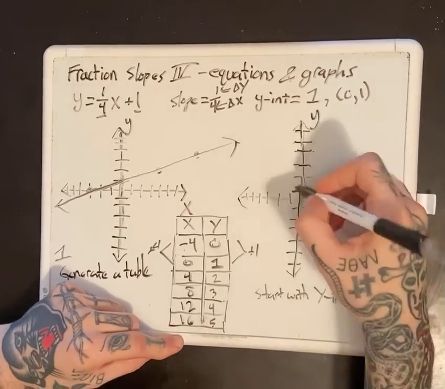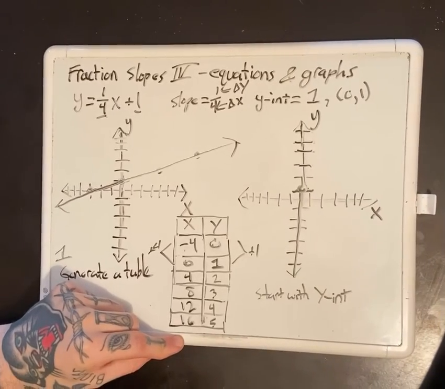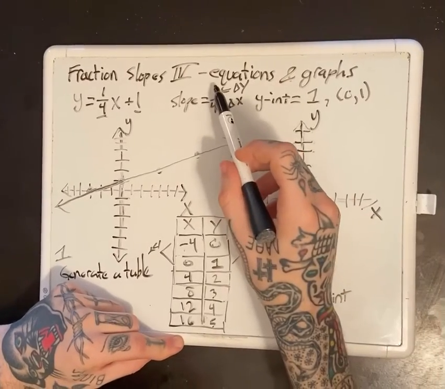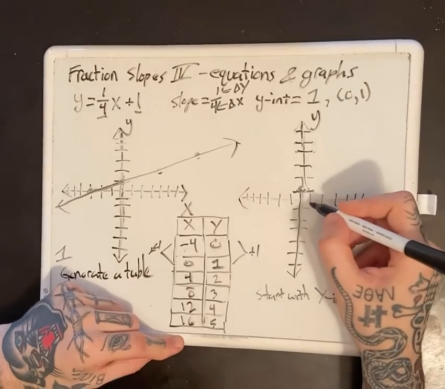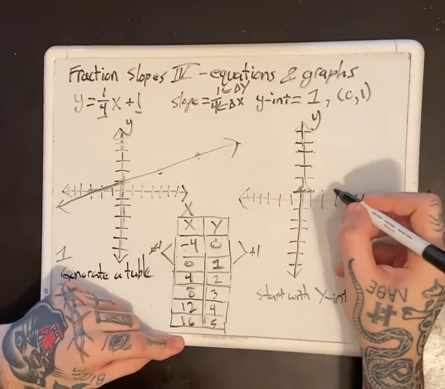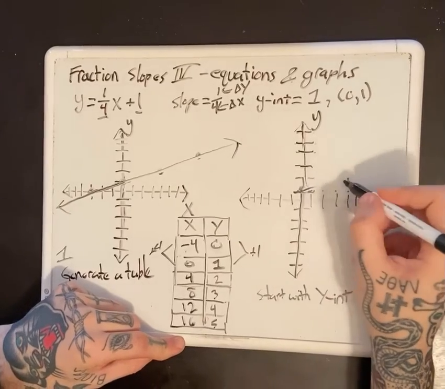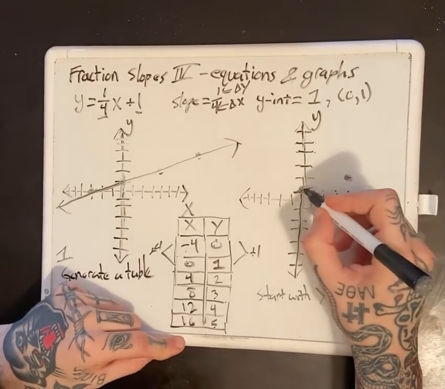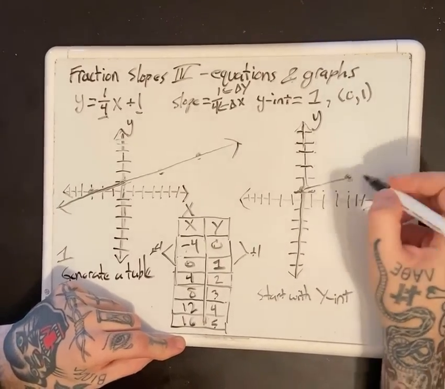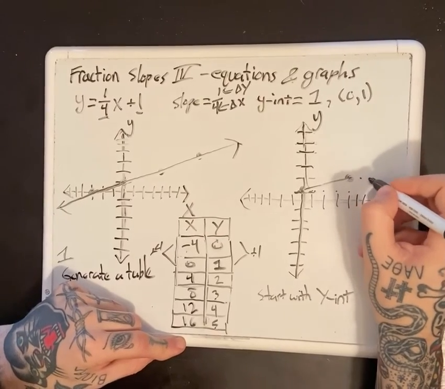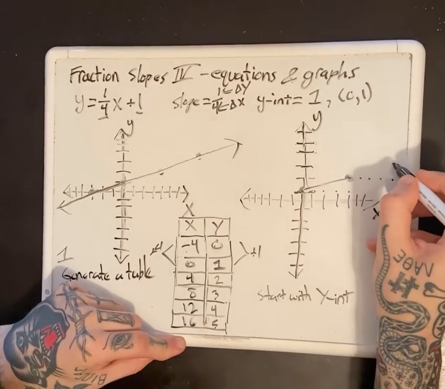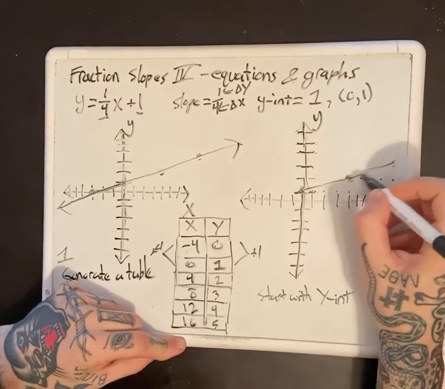And now we already know the slope. So, like I said, this is our y and this is our x. So I can just go over 4, 1, 2, 3, 4, and up 1, and this is another point. Then I can go over 4 again, 1, 2, 3, 4, and up 1, and here's another point.